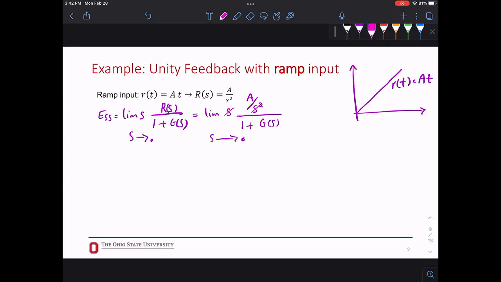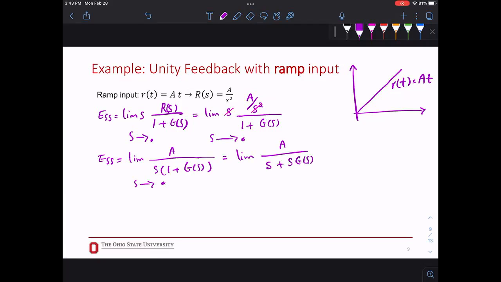Now see what happens here. ESS becomes the limit of A over S times 1 plus G of S. Correct? Now, I'm going to expand this just to show you something: the limit of A over S plus S G of S. When S goes to 0, this first term is 0, right? Here, what kind of solutions can I get?